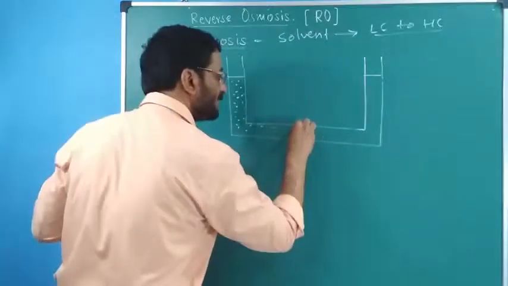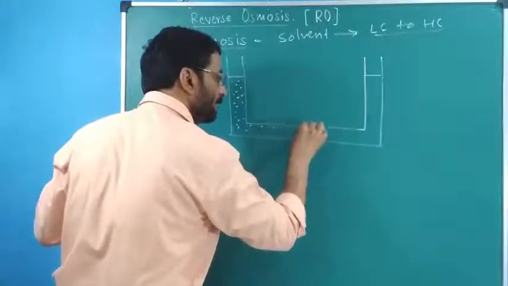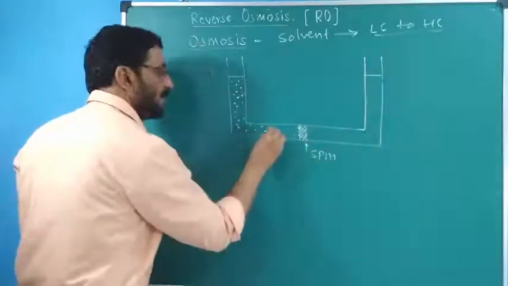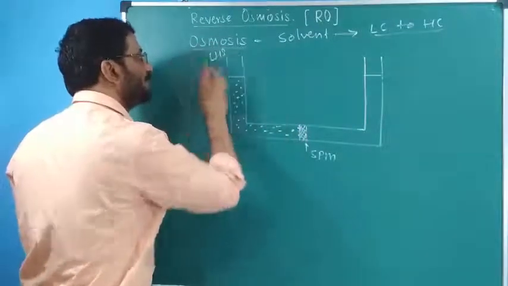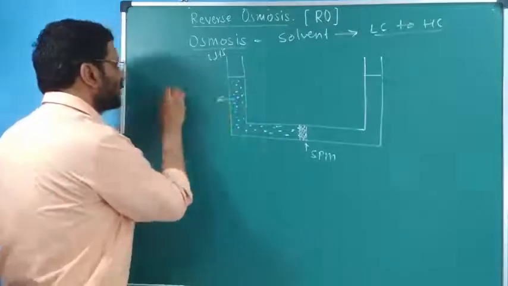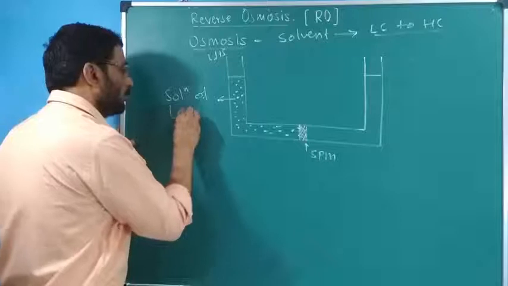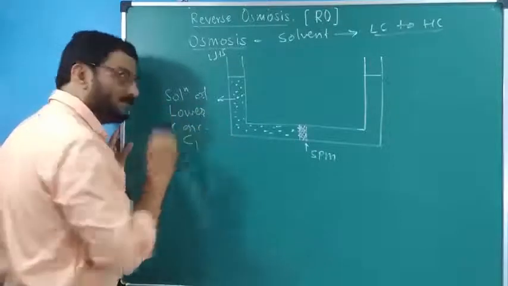Somewhere at the center we have placed a semi-permeable membrane. On the left hand side, LHS of this compartment, we have kept the solution of lower concentration, say C1.